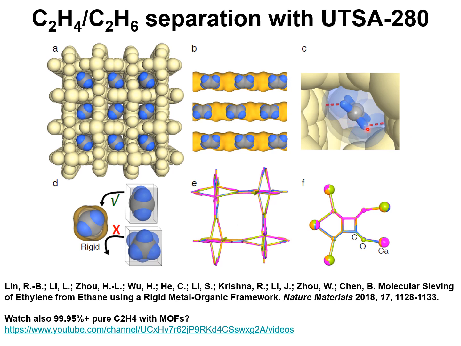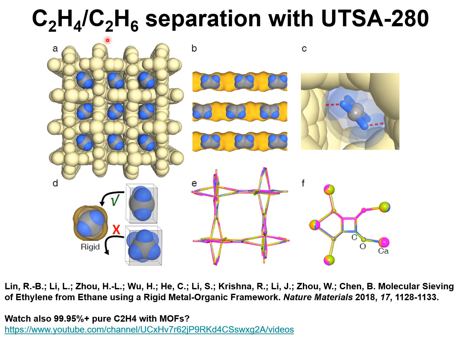The two-dimensional C2H4 molecule can fit snugly within the pores, one-dimensional channels of UTSA280, whereas this pore shape and pore size is such as to exclude the ingress of C2H6.